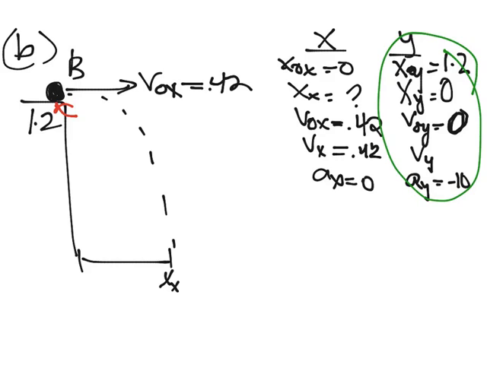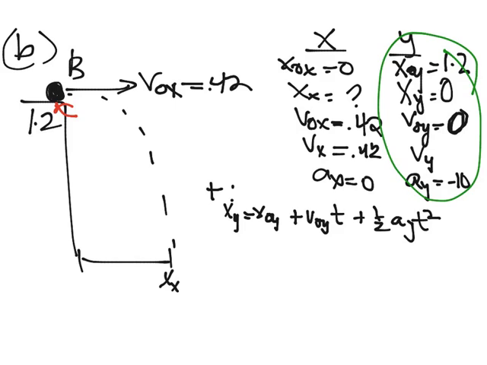Okay, so again, we're going to use this y information to solve for time. So to find time, I'm going to use xy equals x naught y plus v naught y t plus 1/2 ay t squared. Okay, so x naught y will be 1.2, xy will be 0, so that goes away, v naught y also goes away, and so I have 0 equals 1.2 plus 1/2 times -10 t squared.